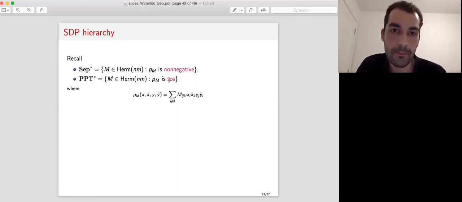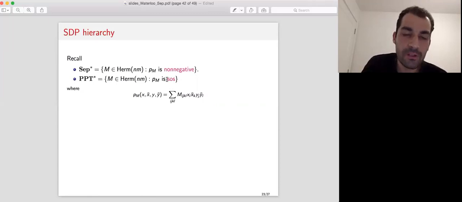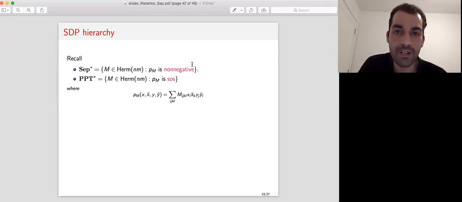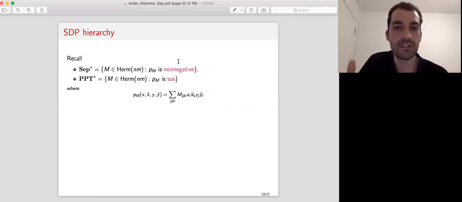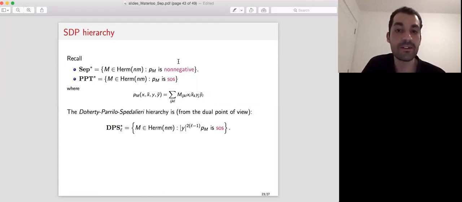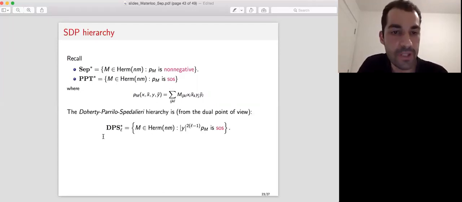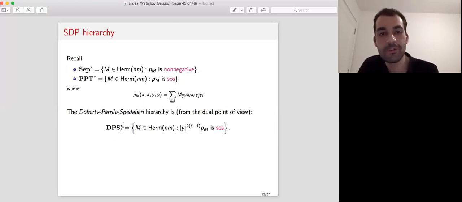In the polynomial optimization literature, there is a known way to improve this sum of squares relaxation. If a polynomial is not a sum of squares, I can try to write it as a ratio of sums of squares. This is how the so-called DPS hierarchy can be defined, even though this is not the usual way it's defined.